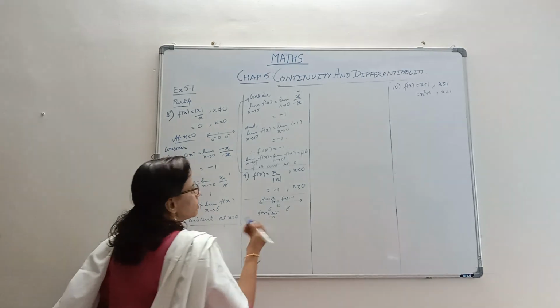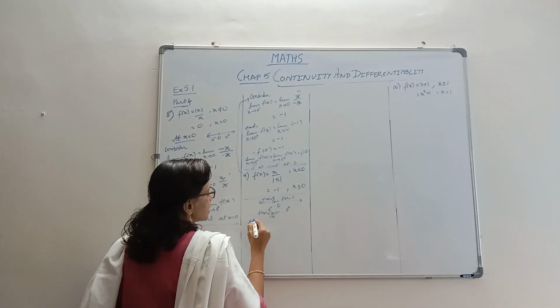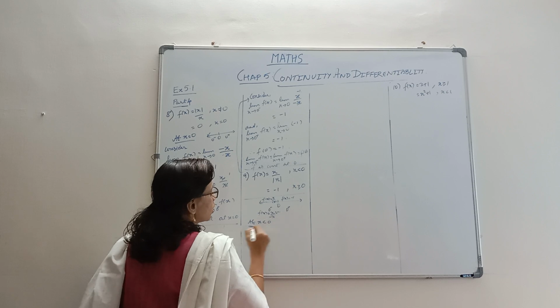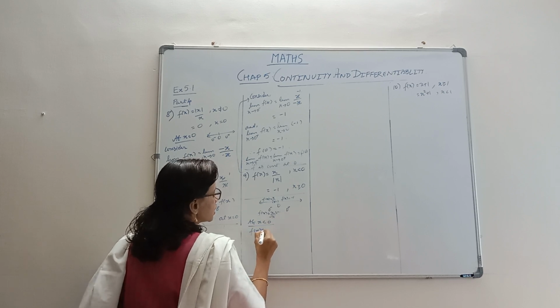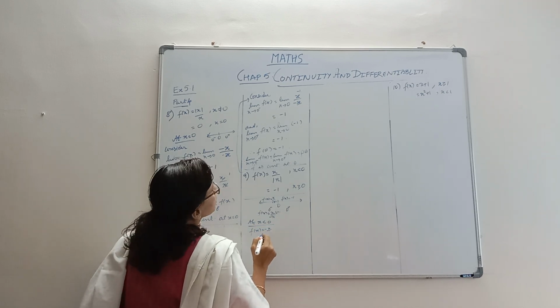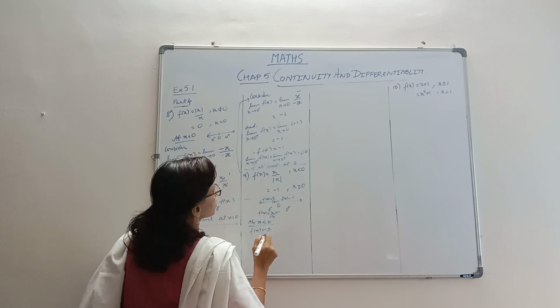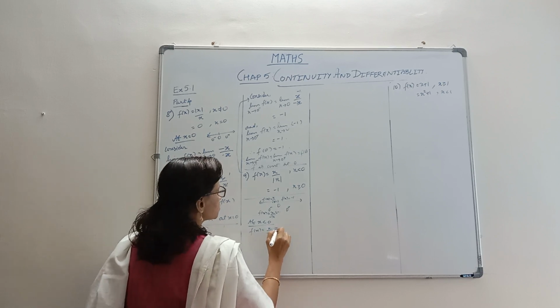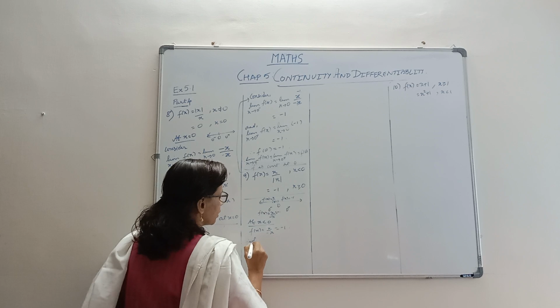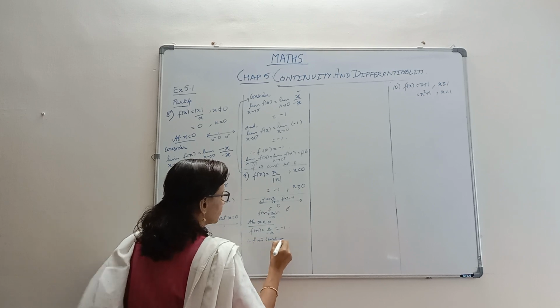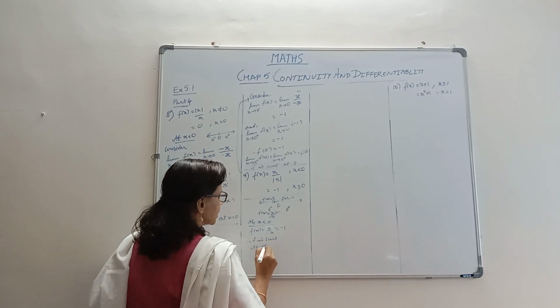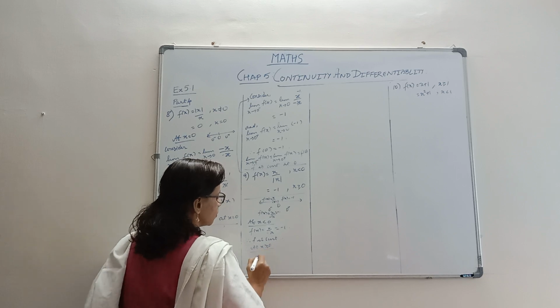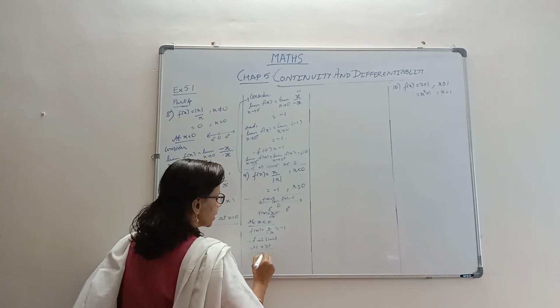So if you want, we can mention at x less than 0, f of x is x by minus x, which is minus 1. Therefore, f is continuous. At x greater than or equal to 0, f of x is minus 1.